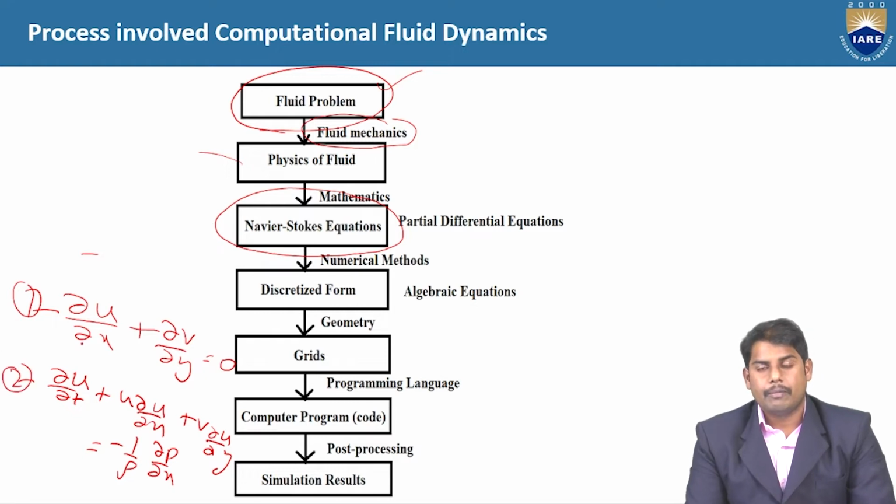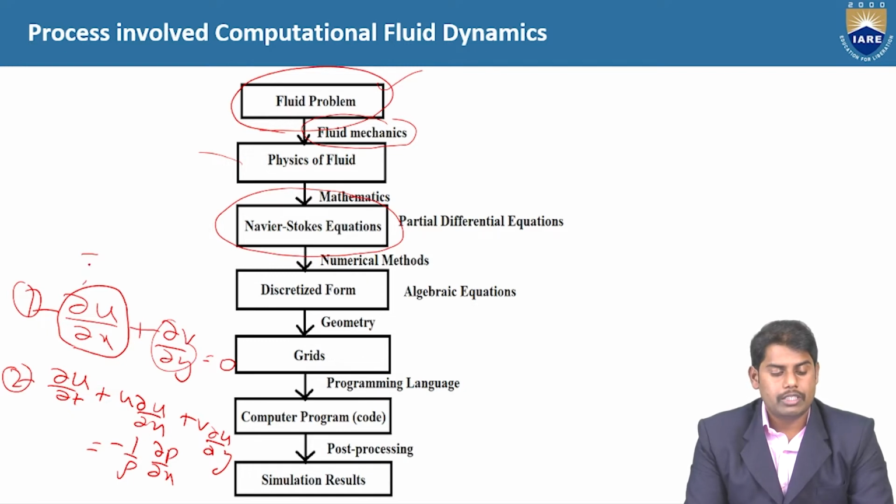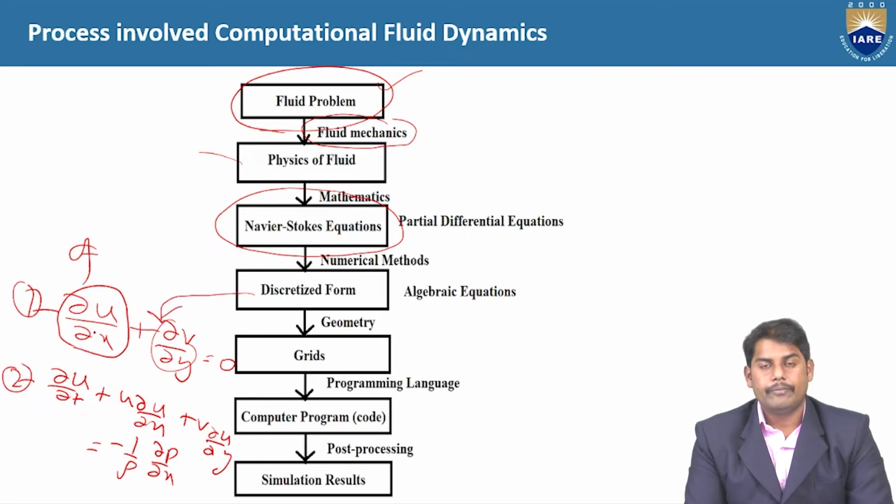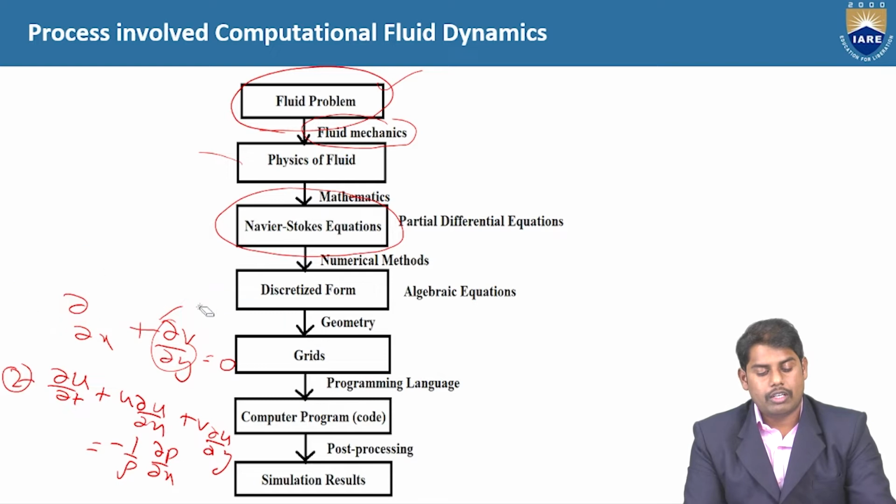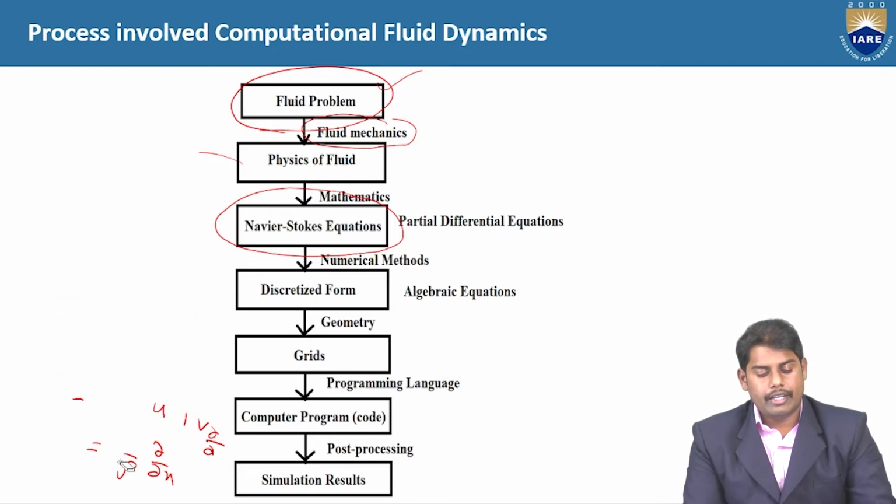Basically these are partial differential equations, so we need to replace these partial differential terms, ∂u/∂x, ∂u/∂y, ∂p/∂x, with algebraic expressions. This is nothing but the discretized form.